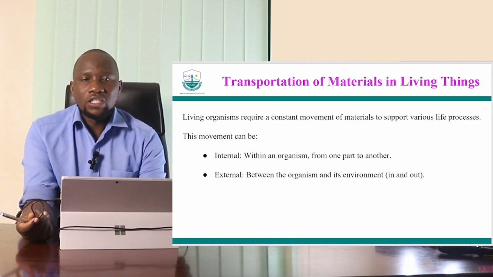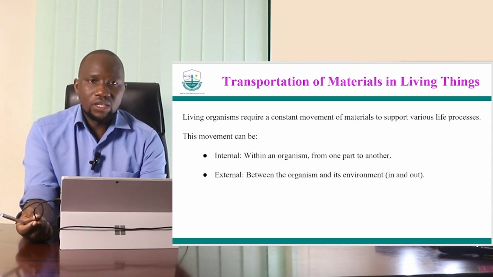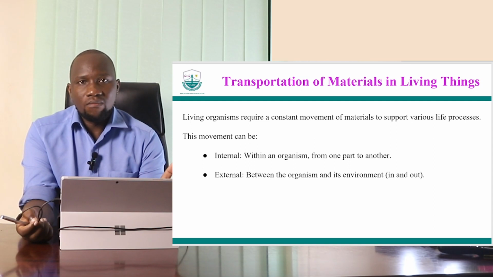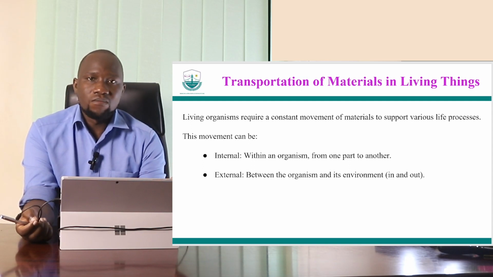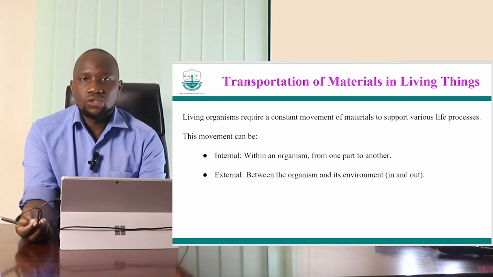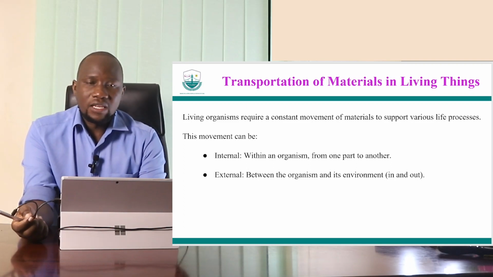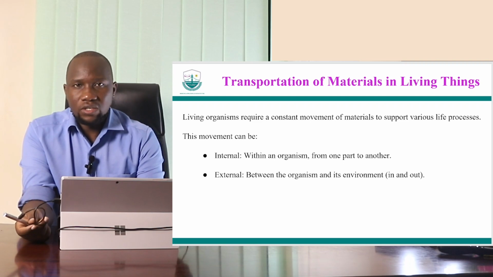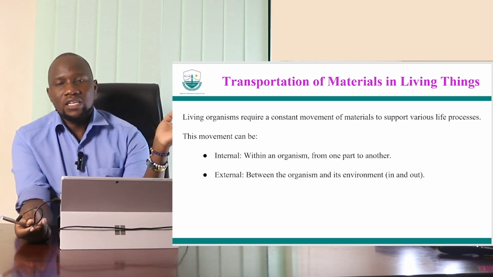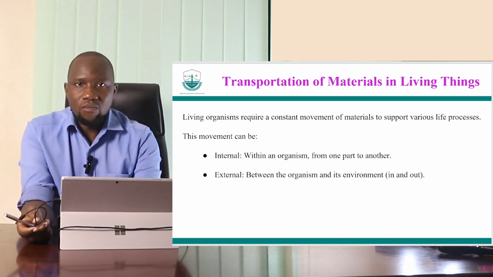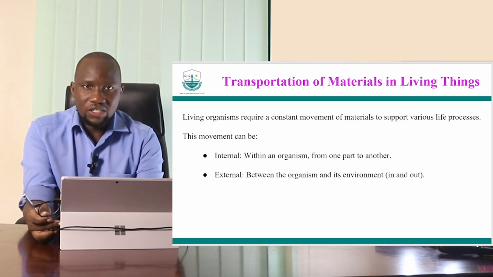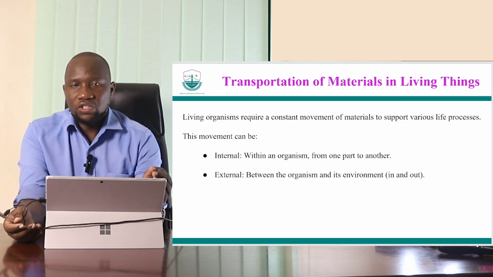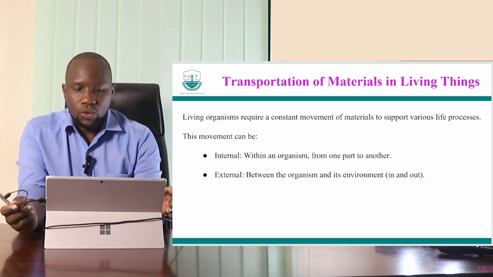When we talk about internal, in this case, we are saying that we have materials that can be found in one part of the body, but they need to be used in another part of the body. So that means that they have to be moved. So there should be transport mechanisms to move this material from one point to another point.